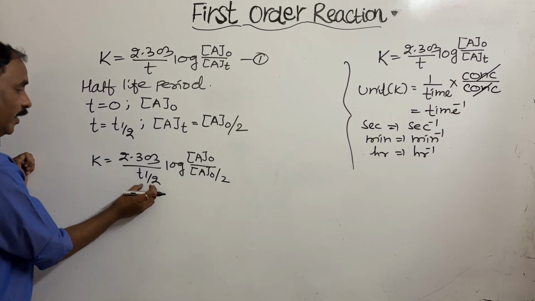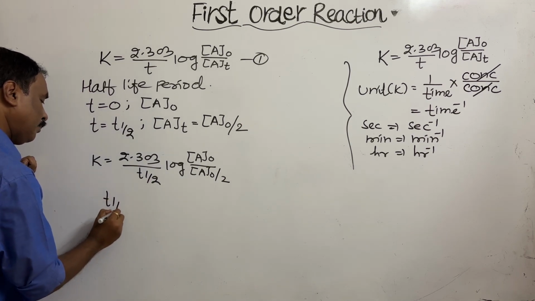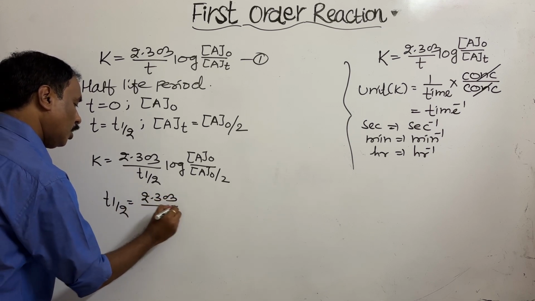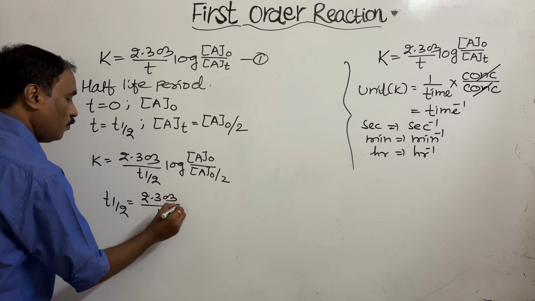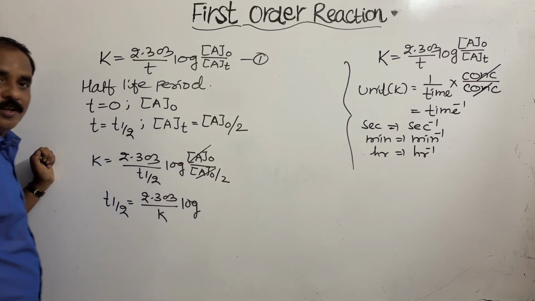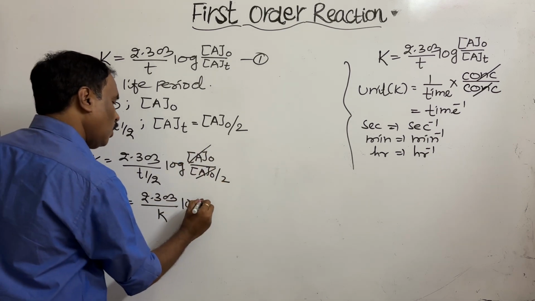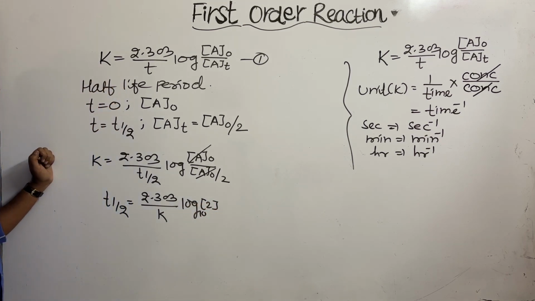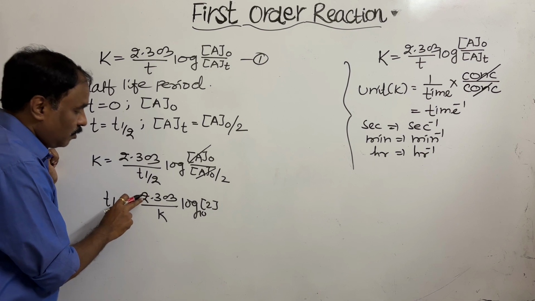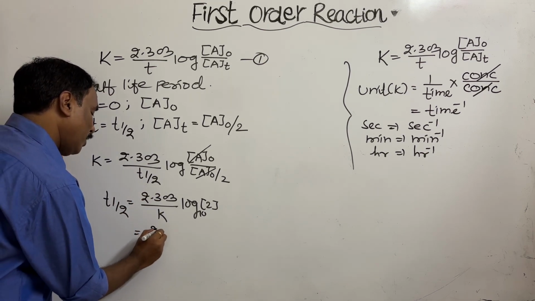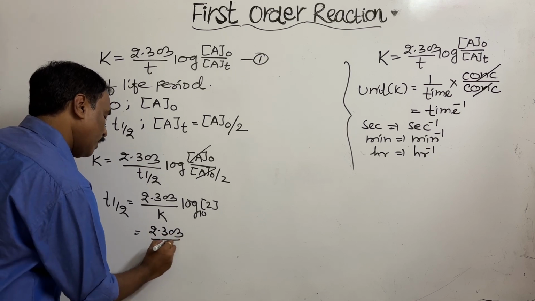I will take T half to this side, is equal to 2.303 upon K to this side now. लॉग ऑफ, अभी A0 कैंसिल होगा, ये 2 ऊपर जाएगा यानी लॉग ऑफ 2, ये बेस 10 है यहाँ पर, because already we multiplied this by 2.303, so K t half is equal to 2.303 upon K.